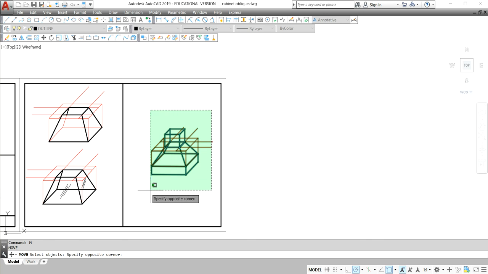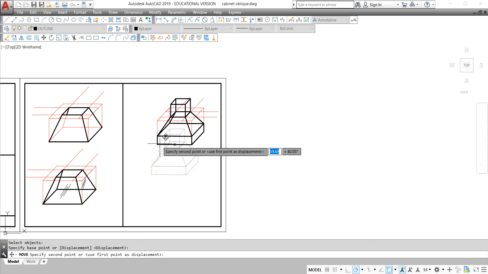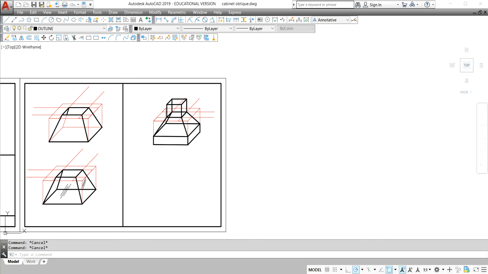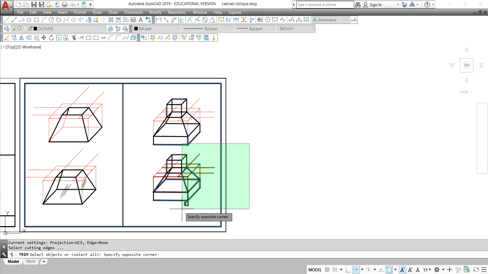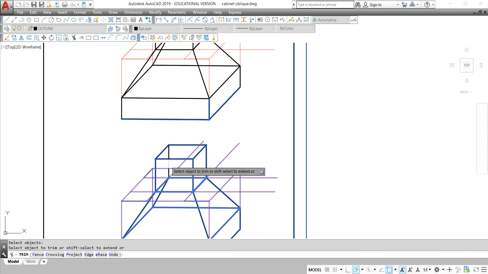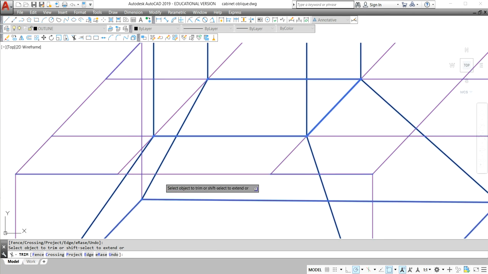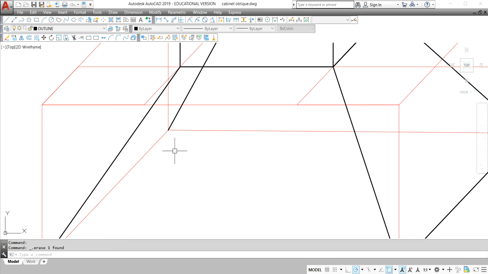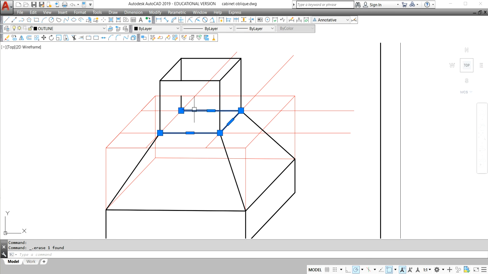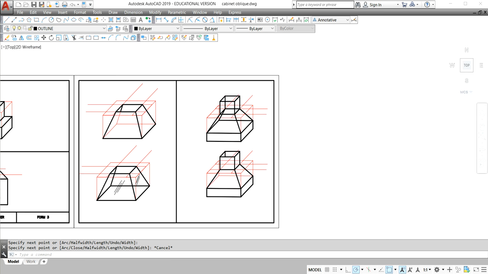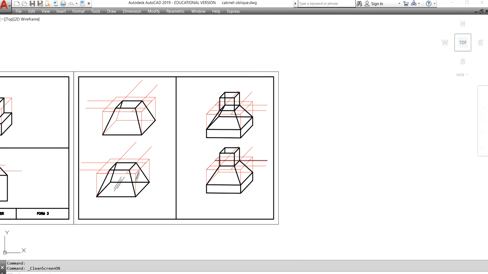This one I'm gonna leave as it is, and I'm gonna do another one removing all the lines which are not visible. Okay, so that is the actual drawing.